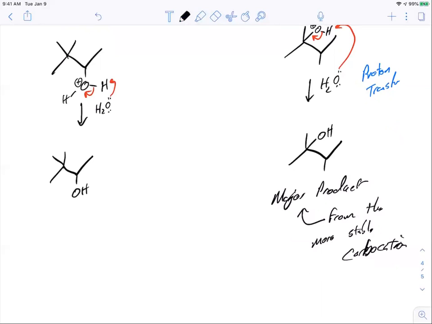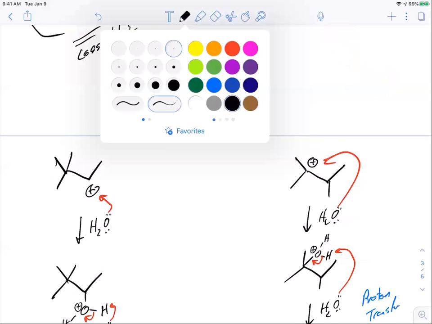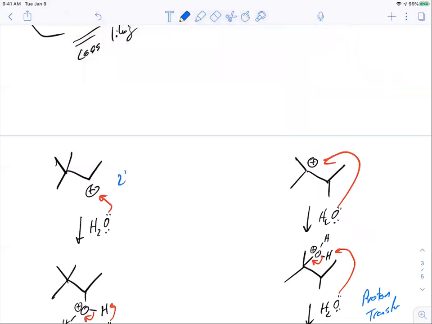So one of the sets of questions you'll see on online homework will be, what is the major product? What they're trying to get there in an SN1 type reaction is, can you determine what the more stable carbocation is? The more stable carbocation intermediate is going to be what ends up giving you the major product. So between these two, we have a secondary and a tertiary.